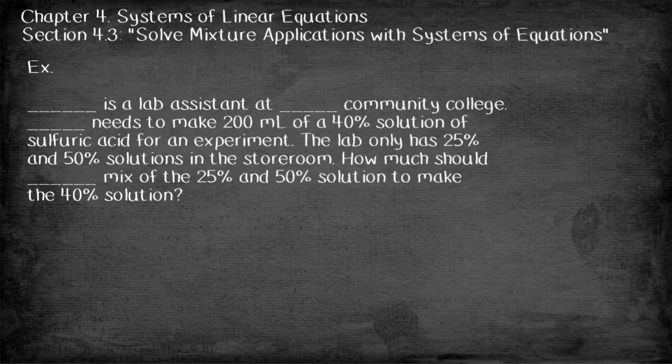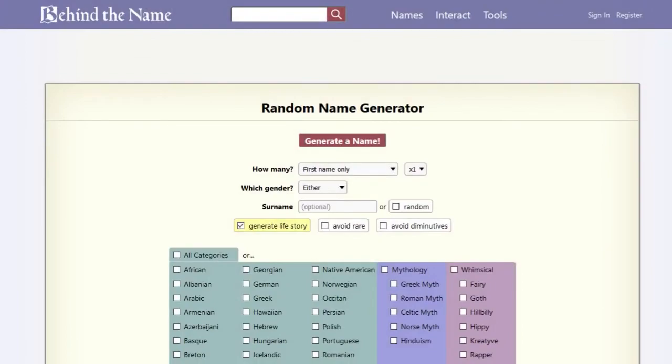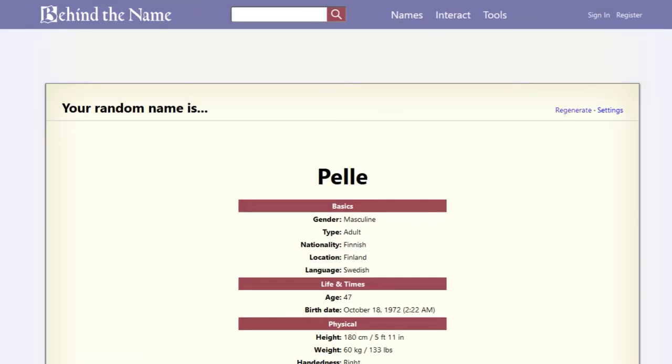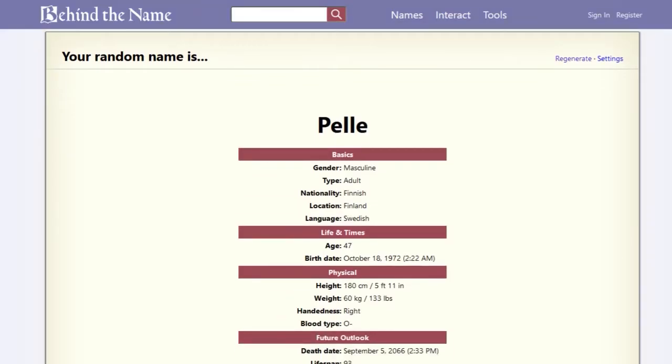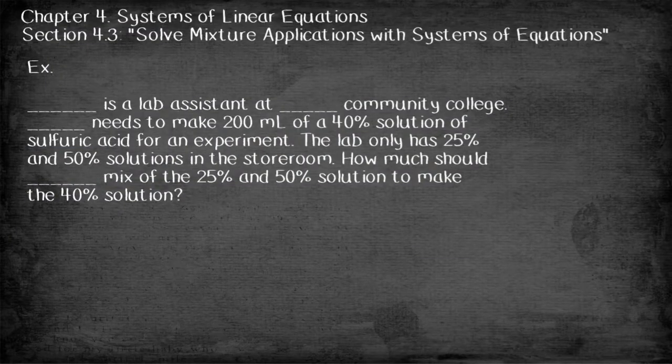All right, one last example. Okay, we need another name. Pell. So Pell is a lab assistant at his community college.